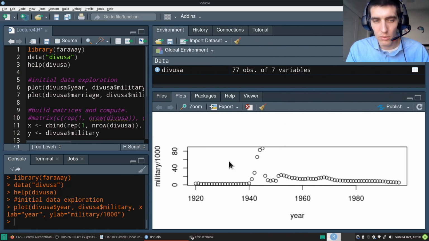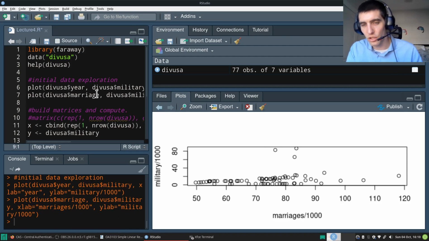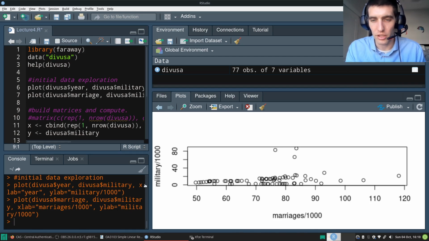Here we see what we might expect. With year going along the x-axis, we see this large bump from World War II. And what happens to marriages? Marriages are a little more all over the place, but this is actually marriages per 1,000 people as a function of military per 1,000 people.